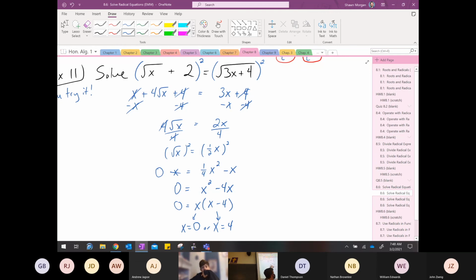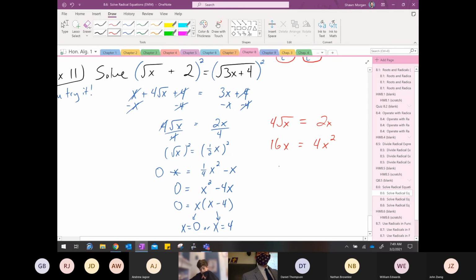So earlier I divided by 4, creating the fraction, just to get the radical by itself. And then I multiplied by 4. So if you wanted to be a little bit more efficient than I was, what you could have done is just left it as 4 square root of x equals 2x, squared both sides, got 16x equals 4x squared, right?